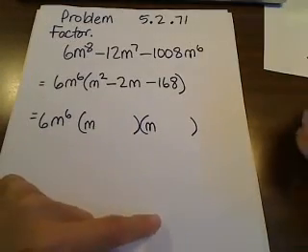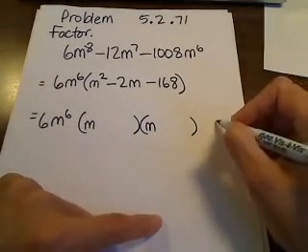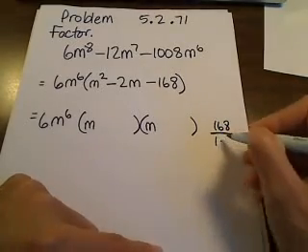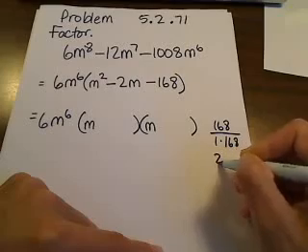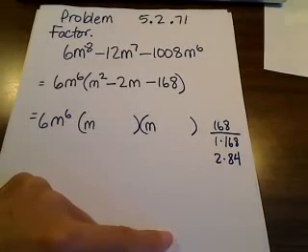Okay, now 168 is actually a pretty big number, so there are a lot of factors for 168. So if we started to make a list, it'd be like 1 and 168, and you can see 2 and looks like 84, and I mean we could keep going up. Just use your calculator.